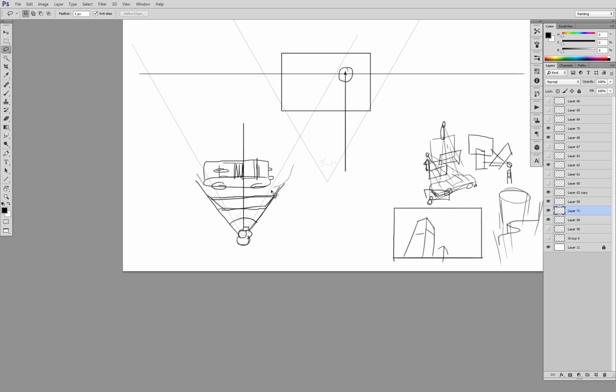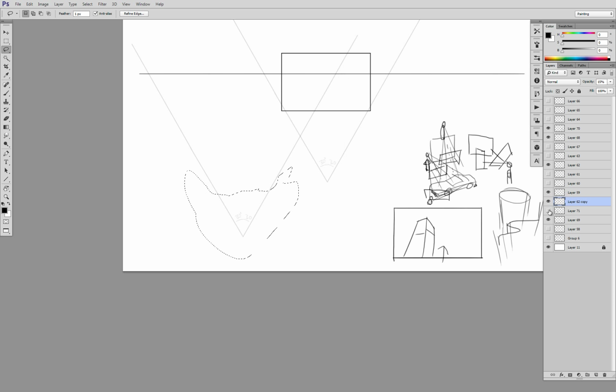So again, this is a bit more theory, but what you need to do is link yourself with the center of vision.